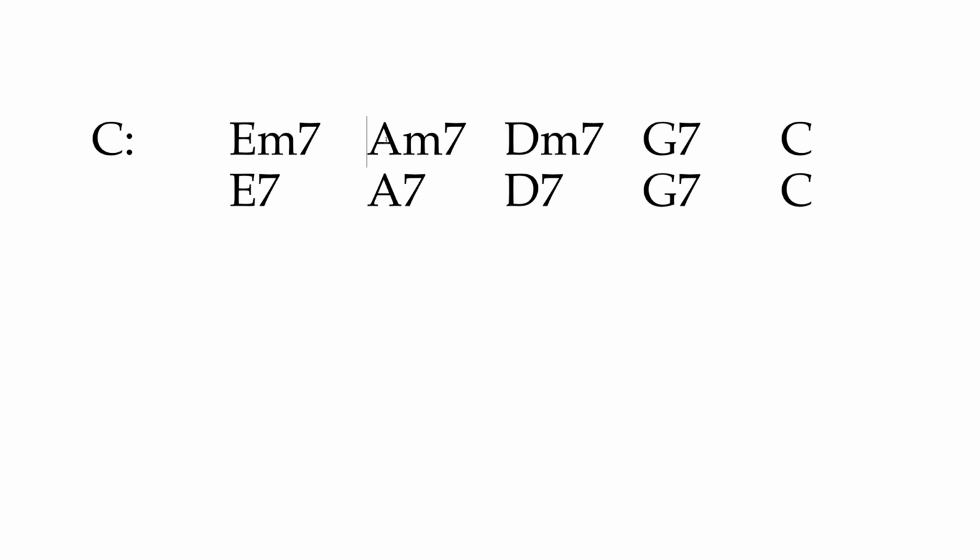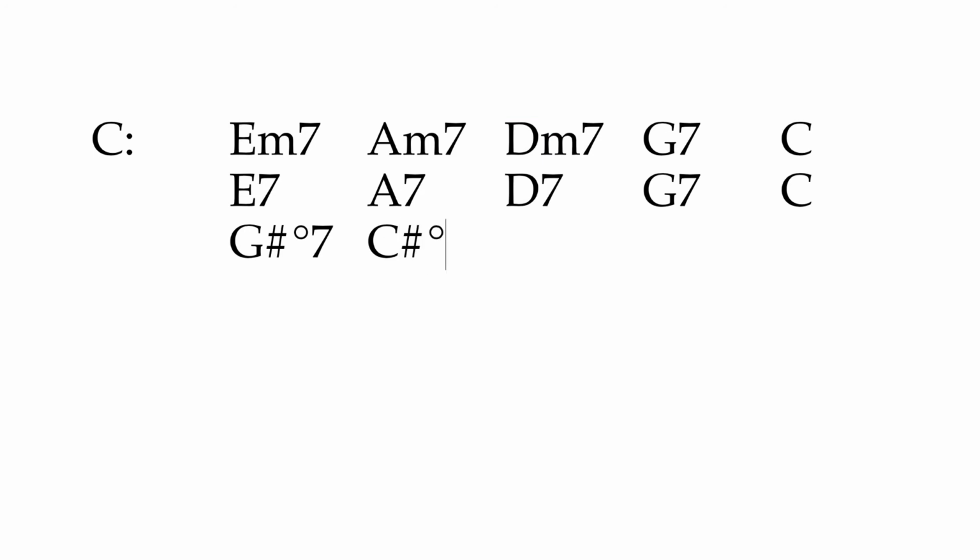Instead of the secondary dominant of E minor, I can use the leading tone 7th of E minor, which would be G sharp diminished 7.